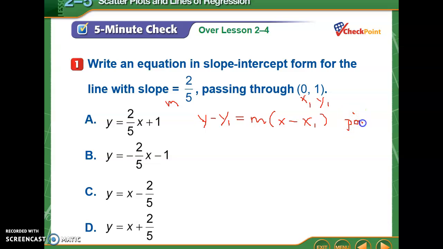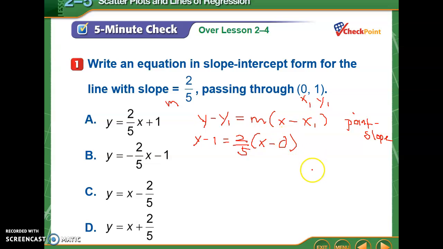Okay? Point slope. Alright. So let's plug in. So y minus our y sub 1 is 1. So bring that down. Equals our slope 2/5, open parentheses, x minus our x sub 1 is 0.